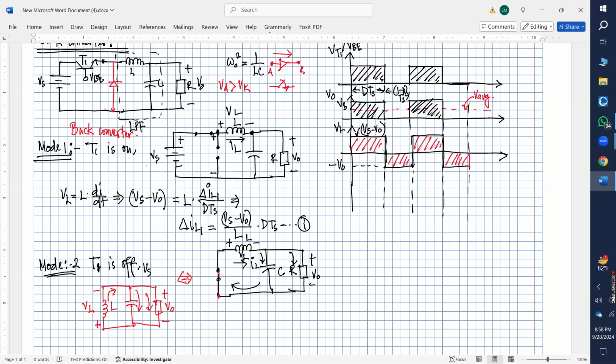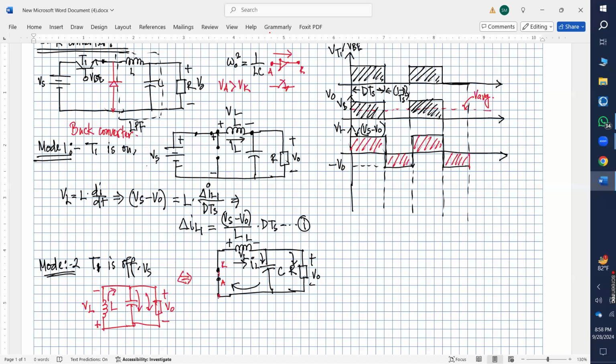So now, as you can see, if your diode is here, whenever the switch is off, this should be your anode and this should be your cathode. Your anode is connected to ground, which is at zero potential, but the cathode is connected to the negative of the output.